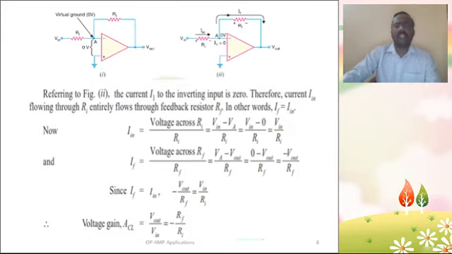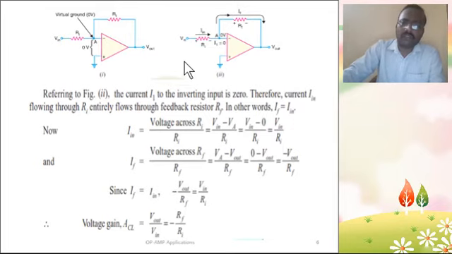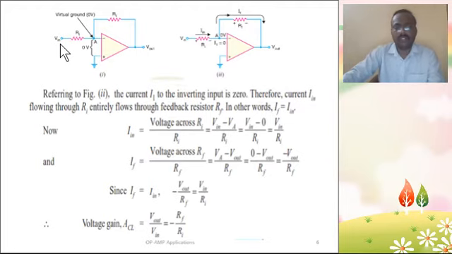Next, we are going to see the analytical part of inverting amplifiers. An op-amp has an infinite input impedance, as we already discussed. In the ideal characteristics, the input impedance is infinite. This means that there is zero current at the inverting input.